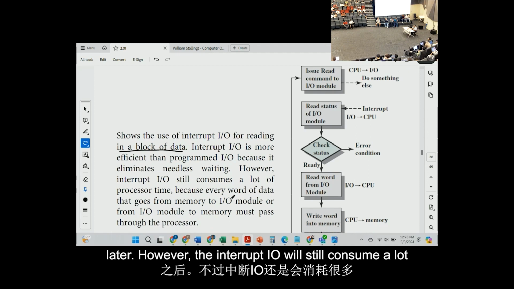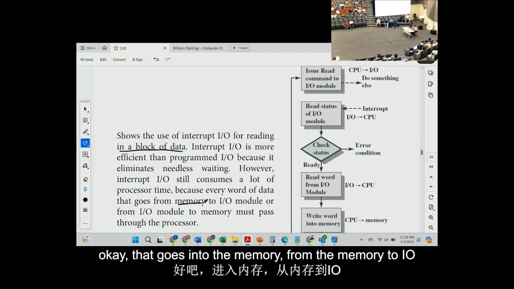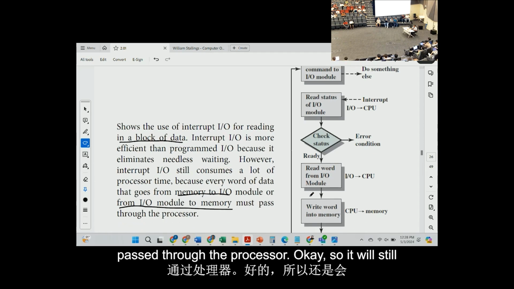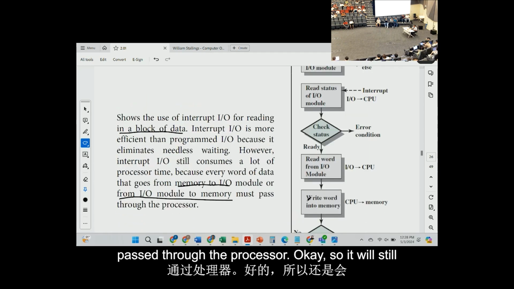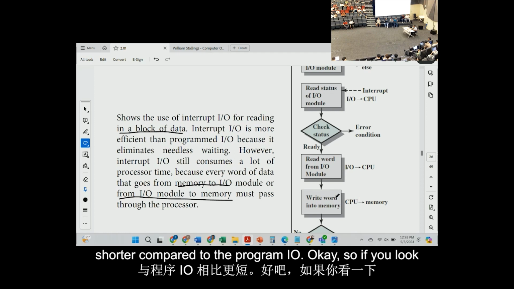However, the interrupt I/O will still consume a lot of processor time, because every word that goes from the memory to the I/O module, or from the I/O module to the memory, has to be passed through the processor. So it will still consume time, but the time consumed is much shorter compared to the program I/O.